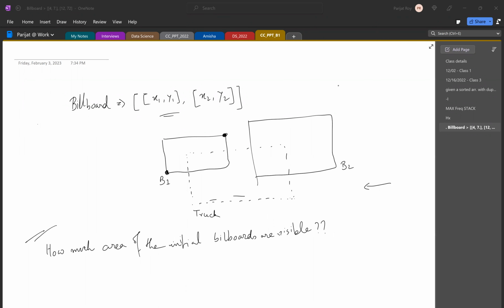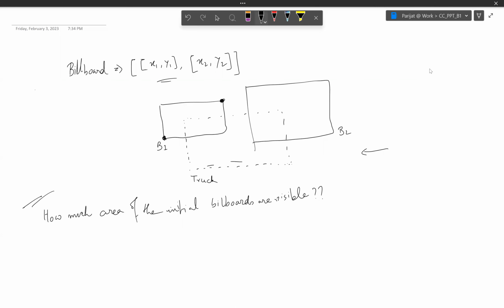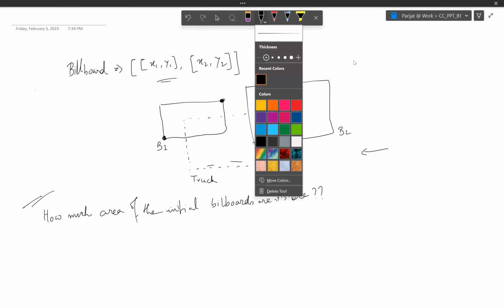Everyone got the question? To make things simple, I'll add a bit of background, like how the function will look. The function we are looking at will essentially look like this.